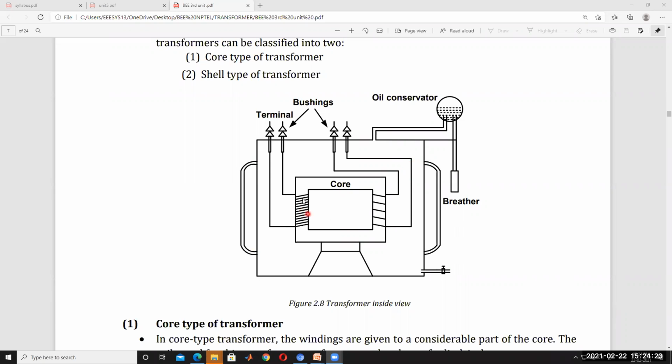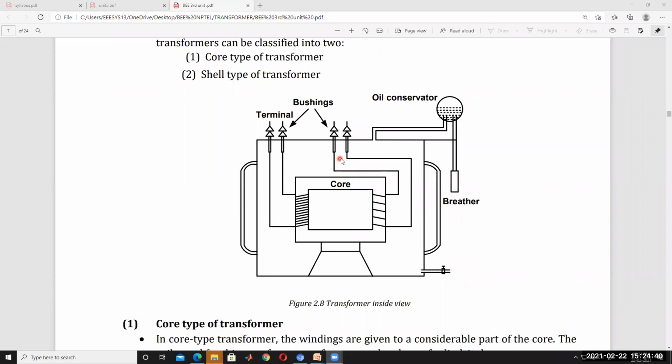When the temperature of the winding increases, because when the transformer is operating there are definitely losses, the temperature rises. To cool the transformer winding, we use oil in this transformer.